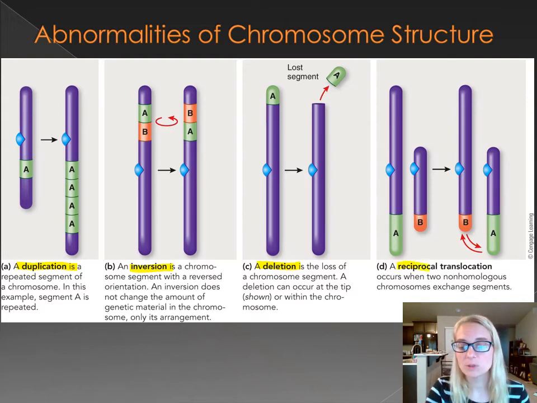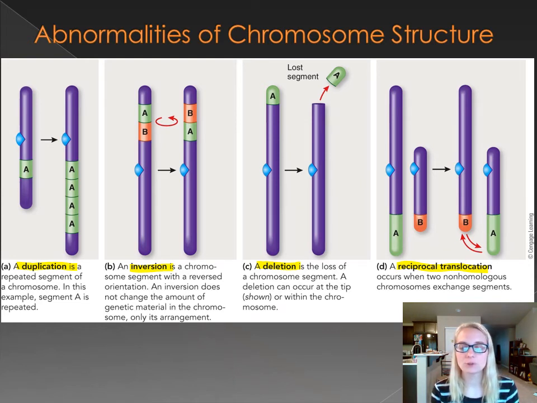And then this last one is called reciprocal translocation, and it looks a lot like recombination, like what happens in prophase 1 of meiosis. But remember, that swapping of genes was between homologous chromatids. They carried the same information, so all they were doing was exchanging the allele versions of the same genes.